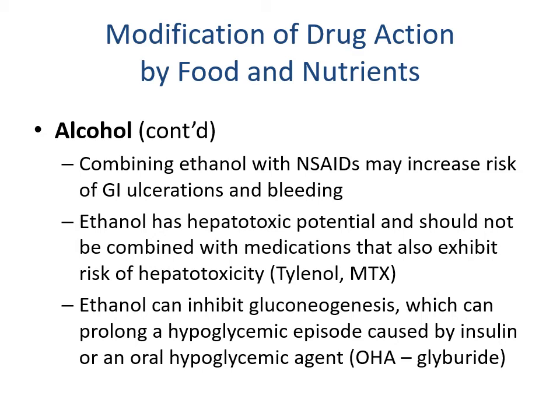Ethanol has hepatotoxic potential and should not be combined with medications that also exhibit a risk of hepatotoxicity. For example, we all know not to combine alcohol with Tylenol, but this includes other drugs like methotrexate. Ethanol can inhibit gluconeogenesis, which can prolong a hypoglycemic episode caused by insulin or an oral hypoglycemic agent such as glyburide.